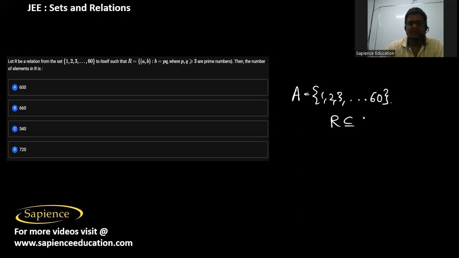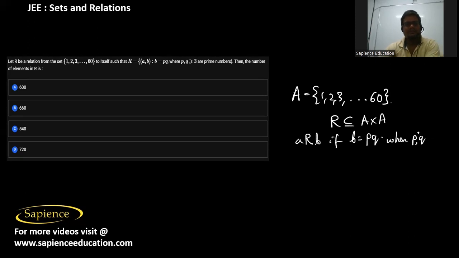So R is a subset of A cross A. A is related to B if B equals PQ, where P and Q are prime numbers greater than or equal to 3.